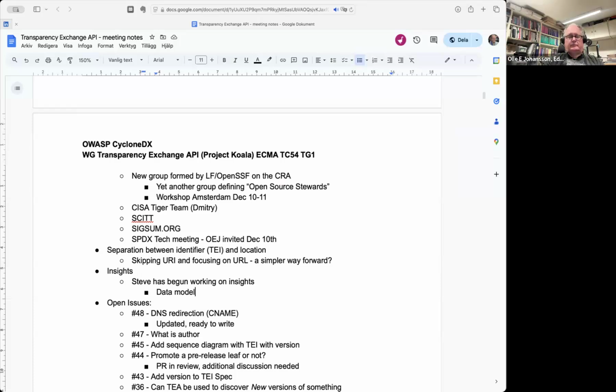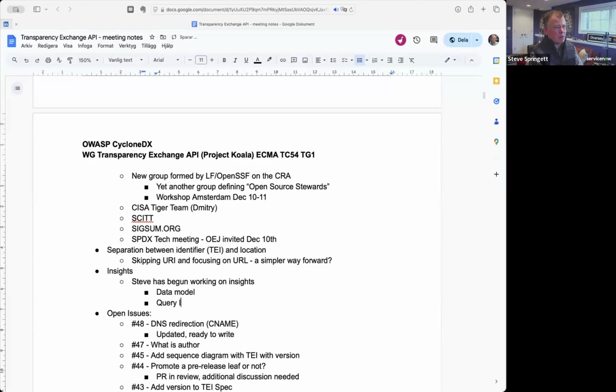It is a CycloneDX-like model, in terms of an HTTP response that is going to provide you the necessary information about that particular query, and do so in a way that is going to limit the amount of round trips necessary to get that information.